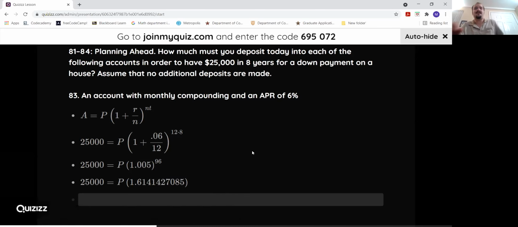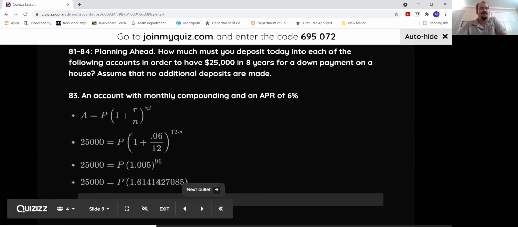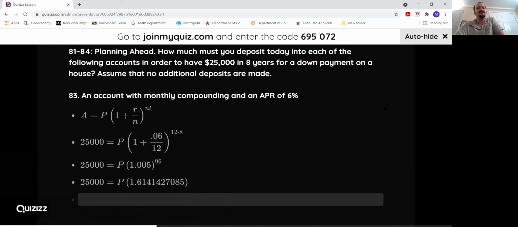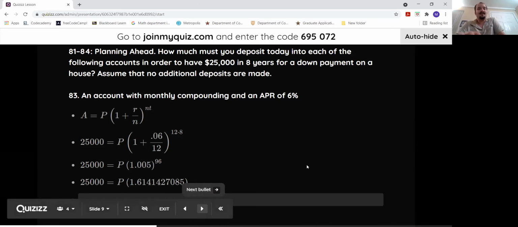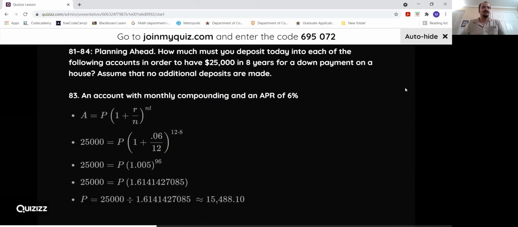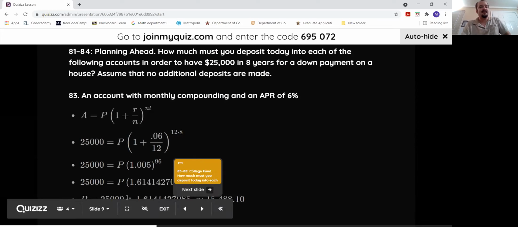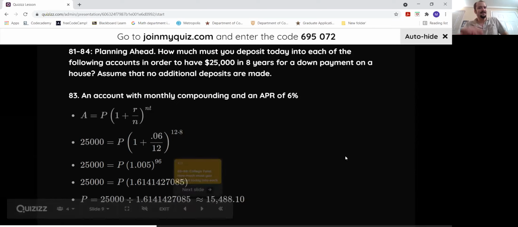But we plug this into a calculator, we get a number, and I kind of hinted that if this is P times this number, we have to divide. So 25K divided by that crazy long number. A lot of the stuff I rounded on the quizzes, but I didn't round it in my calculator. So these things may not match up exactly, but this should be the exact solution, if that makes sense.